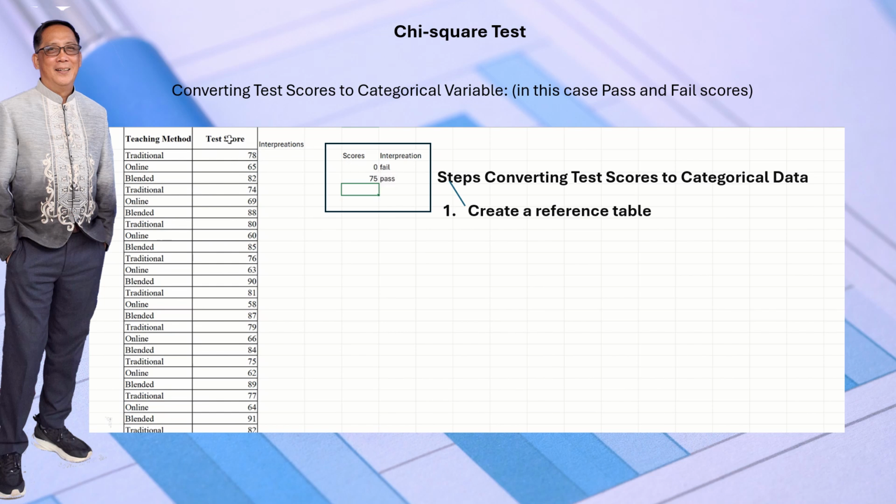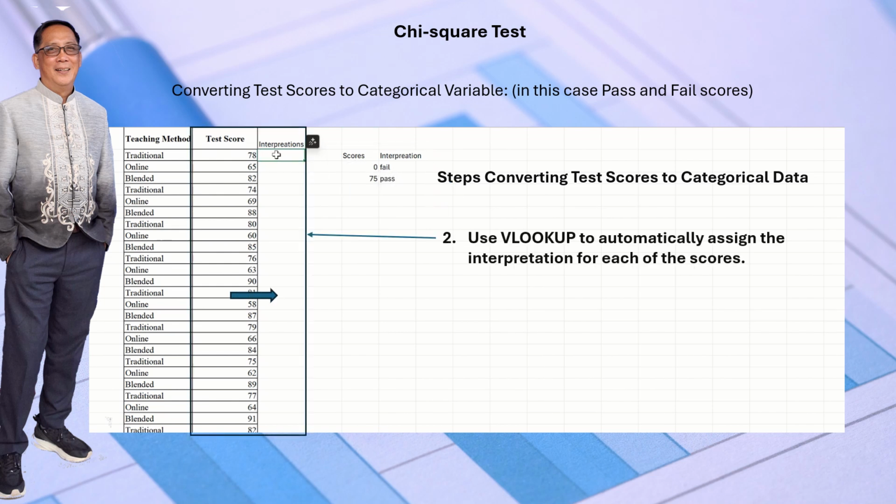Any score in this column that falls within the category or the range will be given an automatic interpretation. So let's use this table to generate your VLOOKUP. You go to the cell where you want the result to be reported, type equals VLOOKUP, and you will automatically see the VLOOKUP pull-down menu.